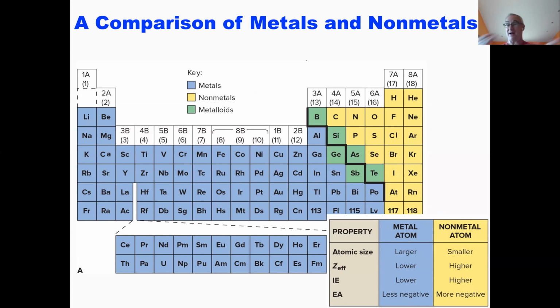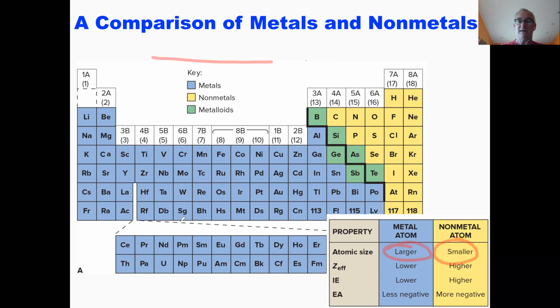So we've been spending a lot of time with metals and nonmetals trying to figure them out. And so basically this sums it up down here at the bottom, where when we look at atomic sizes, metals are generally larger, because as we go across, they get smaller. So we see that nonmetals that become anions are small, and the metals are generally larger.